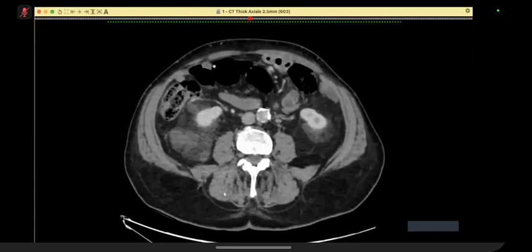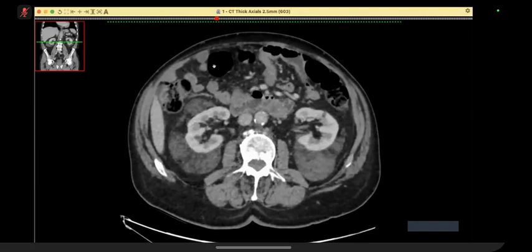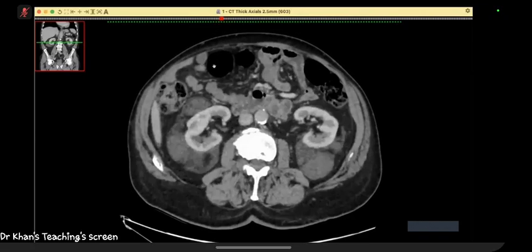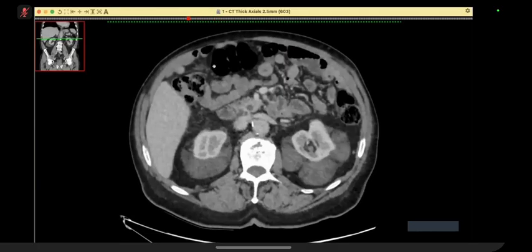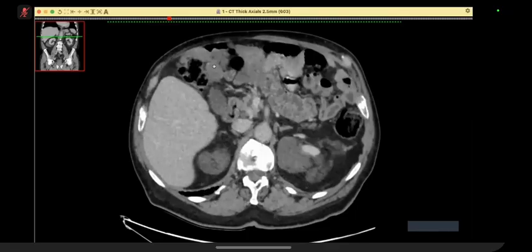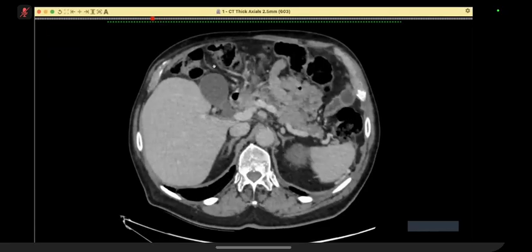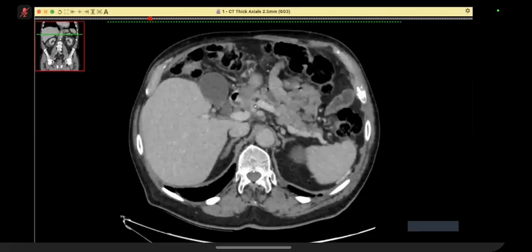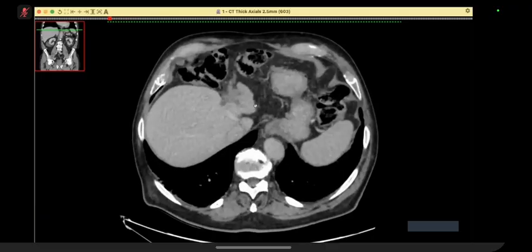I would like to confirm in my routine practice with the HU units of these areas. And trying to look for any other abnormalities. I'm trying to trace the adrenals. Both adrenals appear normal. I don't see any obvious lesions within.